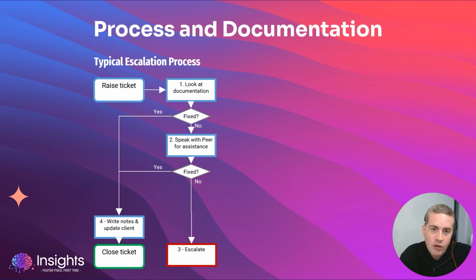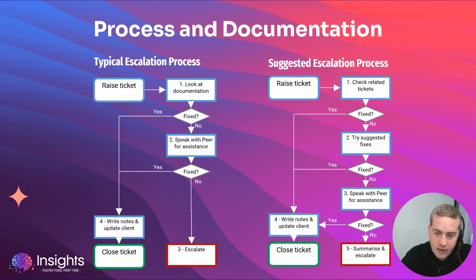What we would be looking at doing when implementing Insights within a ticket handling procedure is adding a few more steps in there. The idea of these steps is really to aid those engineers in self-serving before they draw on more experienced engineers and before they escalate it to more experienced engineers as well. In a scenario where you're leveraging Insights as part of that escalation process, again, a ticket will be raised, and again, the engineer will try and resolve this ticket themselves.